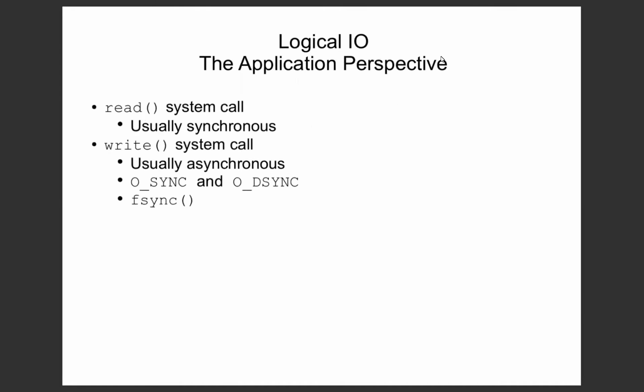First, I'd like to talk a little bit about I/O from the logical I/O perspective, which is really what happens when your application does something like a read or a write. Usually when you do a read, most of the time that's going to be synchronous.